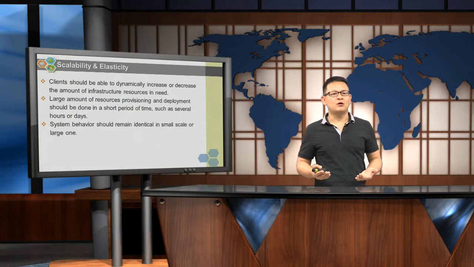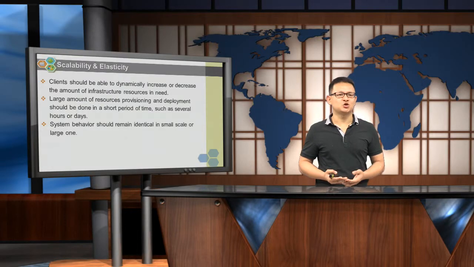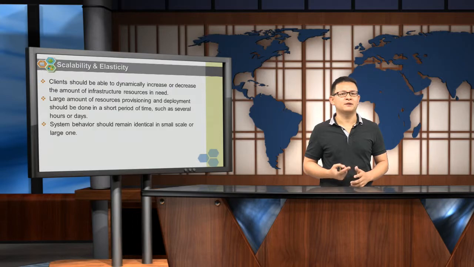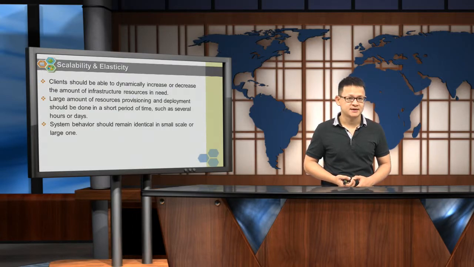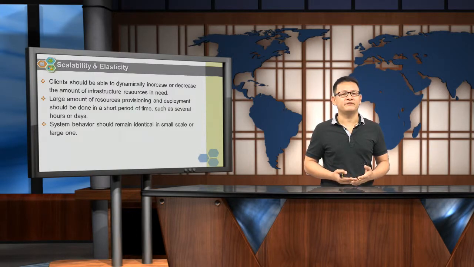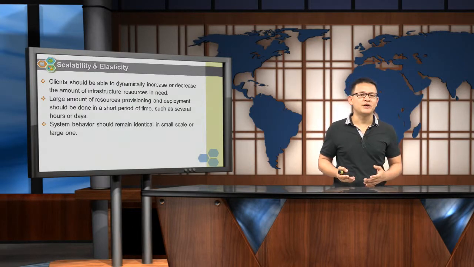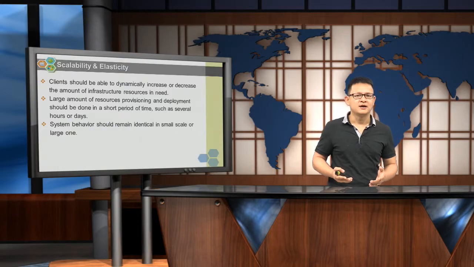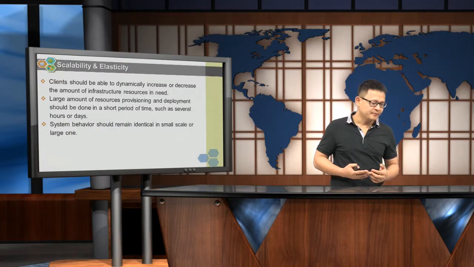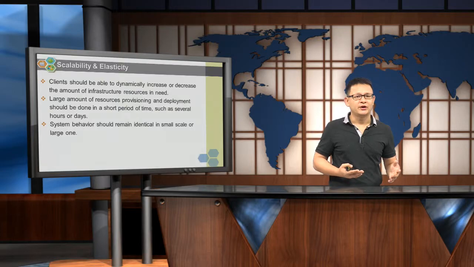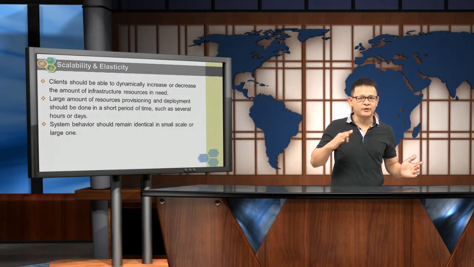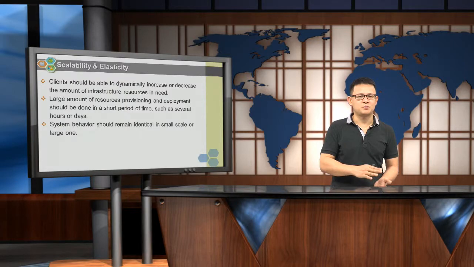And a large amount of resource provisioning and deployment should be done in a short period of time, such as several hours or days. So this should be very quick, even less than that. System behavior should remain identical at small scale or large. So for example, if at some point I don't need a large amount of resources, I will reduce to a small scale, a small number of resources.